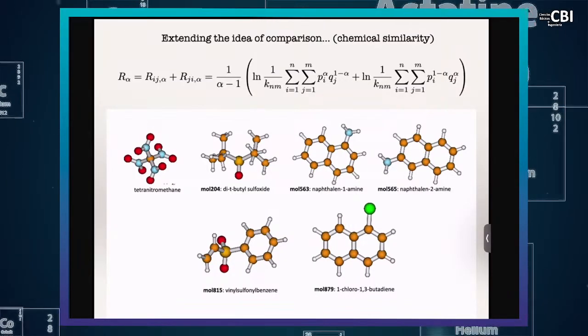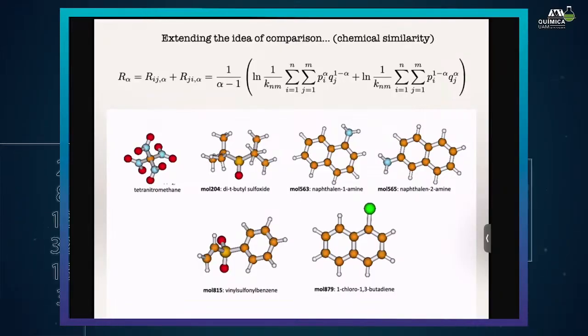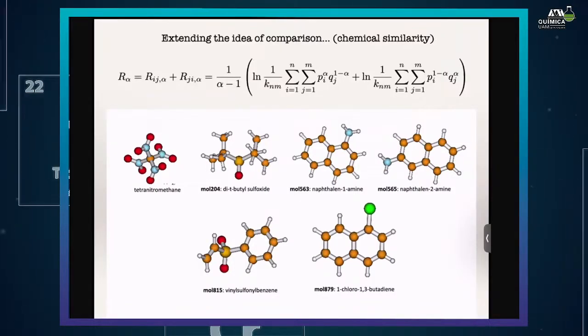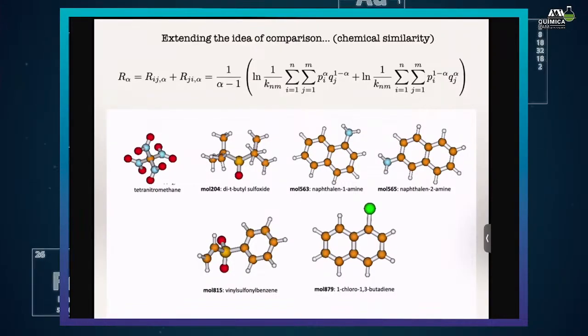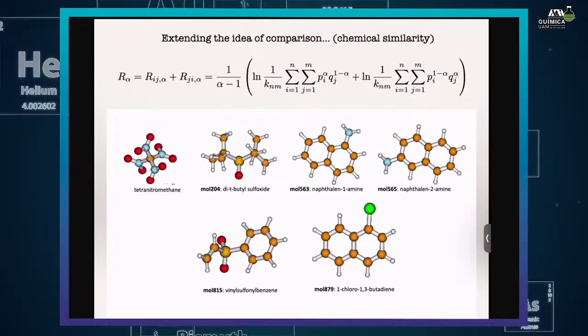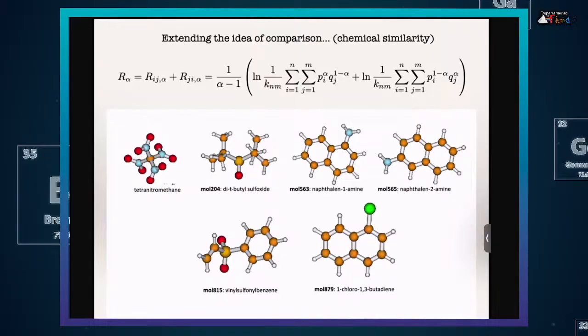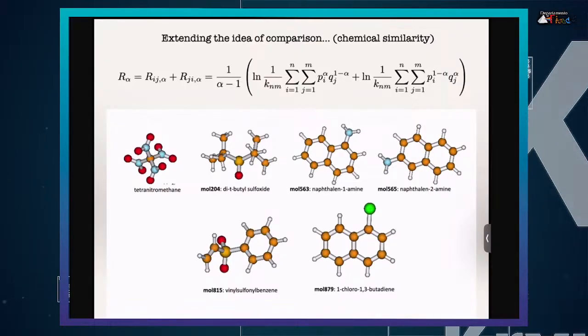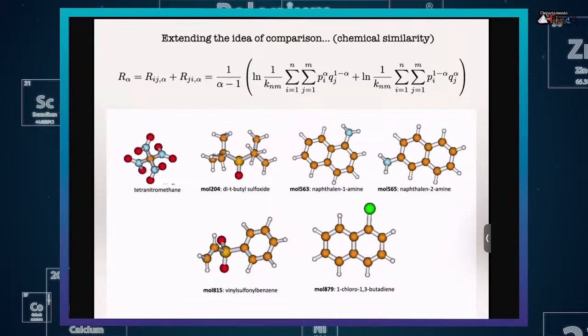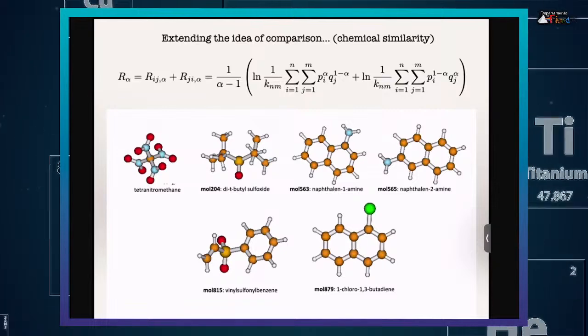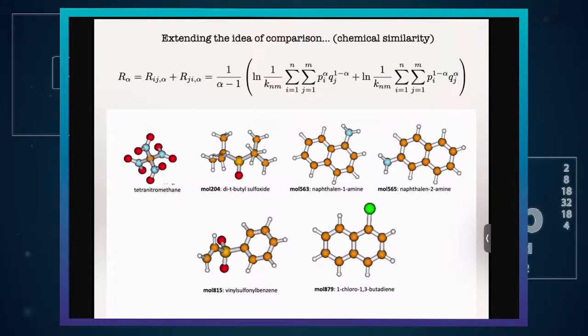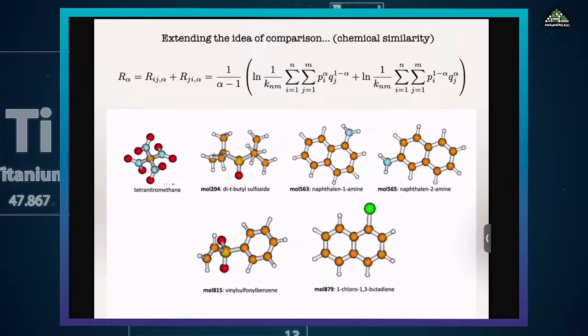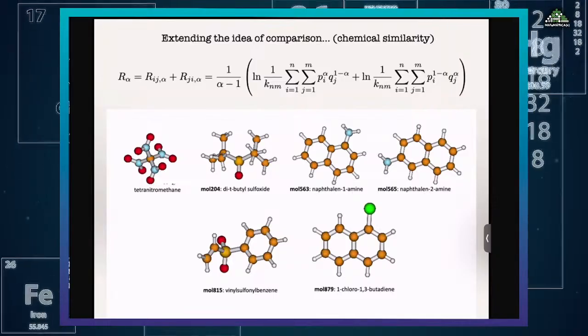which is how to find molecules that could share some chemical or physical characteristics. In this case, we resort to the Renyi divergence, and we select in a random way one molecule from a large set of molecules and compare it with our whole set.